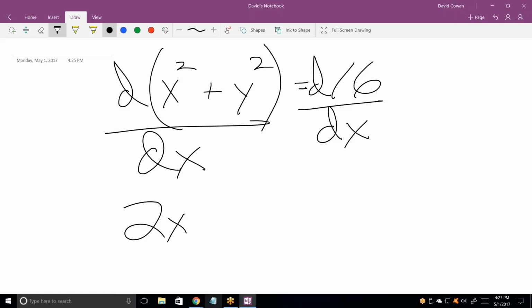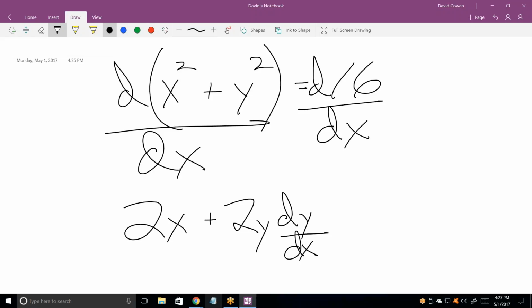But when you come to a variable that's not x, then you differentiate it, but you follow it with a dy/dx, because y is not the same as x. That's like a y prime.